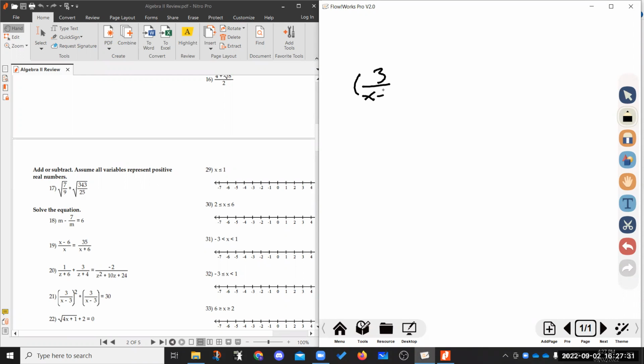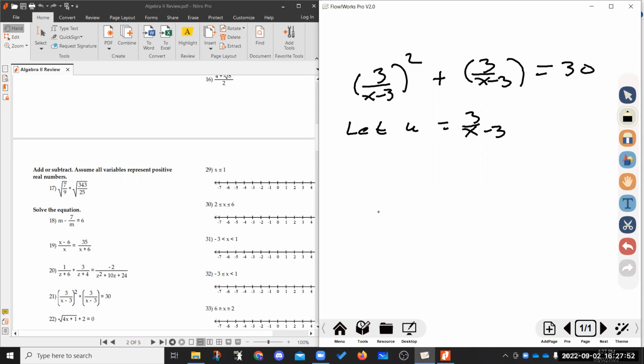3 over (x minus 3) quantity squared plus 3 over x minus 3 is equal to 30. I'm going to do something strange here, just to teach you about it. I'm going to let u equal 3 over x minus 3 and rewrite this as u squared plus u is equal to 30.